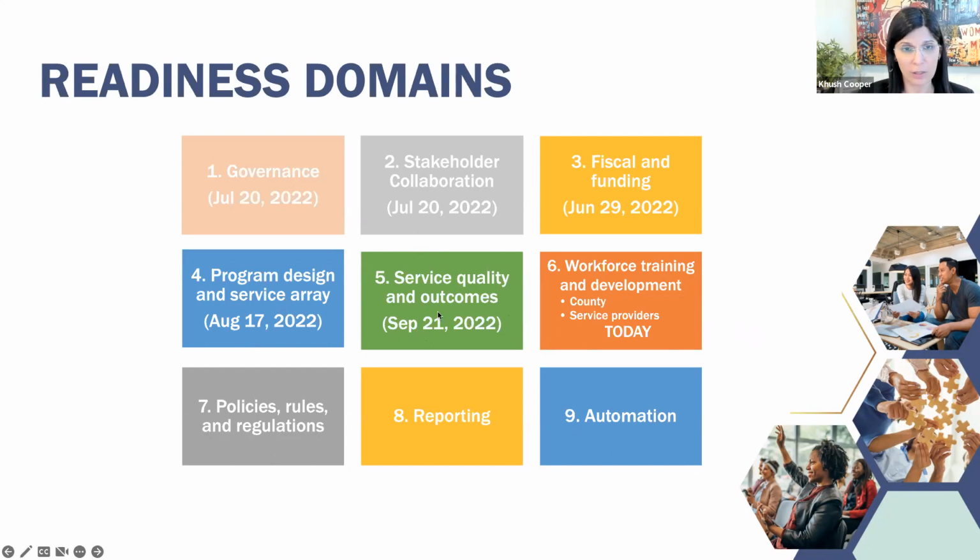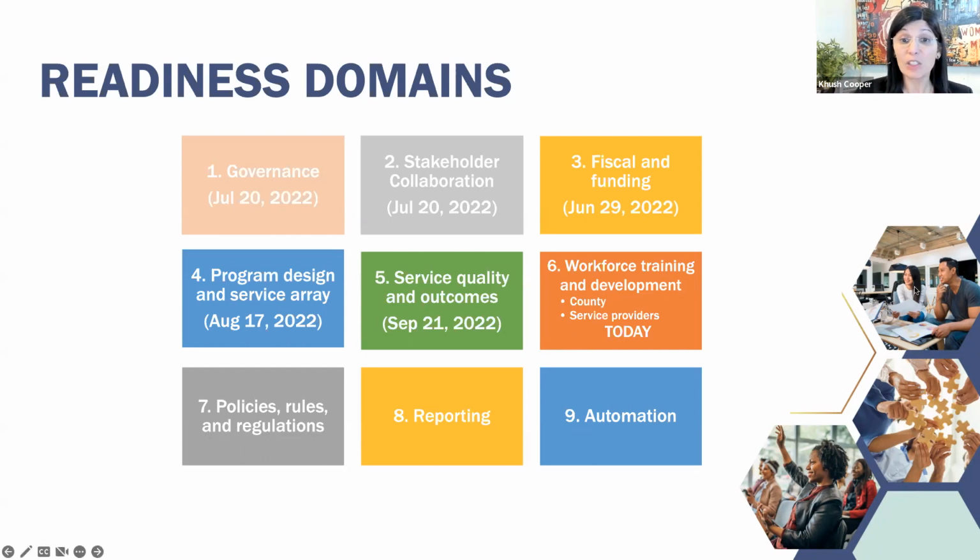We talked about that on September 21st, which leads us to the other aspect of the conversation when you choose your service array. One, how are you going to manage quality and outcomes? And then how are you going to select, maintain, and support a workforce that is going to be well retained, well-educated to provide the prevention services that you've laid out in your county. So that's where we're gonna keep the conversation today.